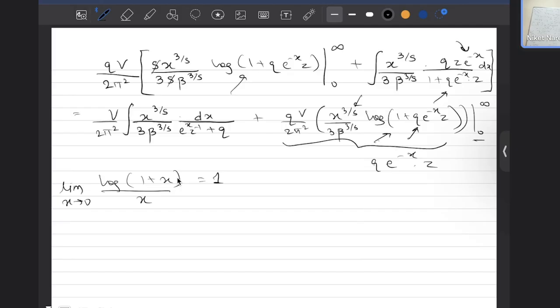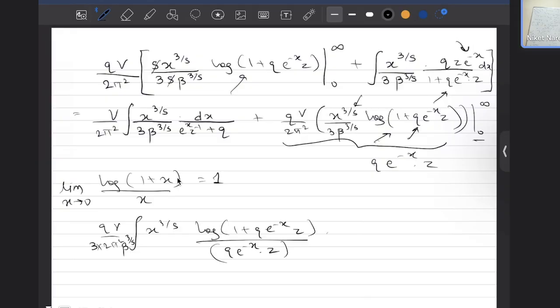I'm evaluating just this term, so that's why I'll write qV by 2 pi square. These are just the constants. Integral x power 3 by s divided by 3 beta power 3 by s. I don't care about these constants right now. Log of 1 plus q e power minus x z divided by q e power minus x z. If q is 1, I don't really need to write q again, but that's okay. I've just written it down.